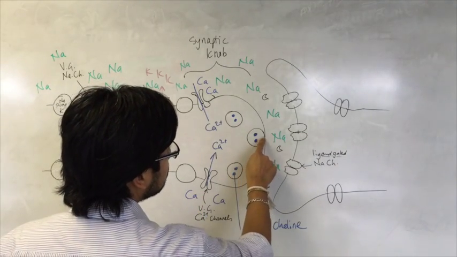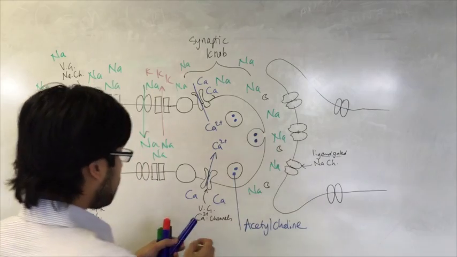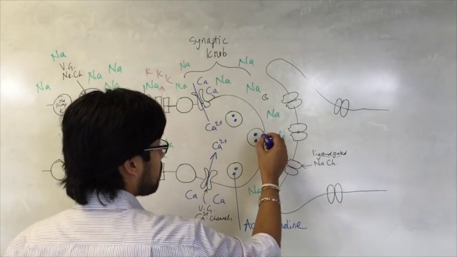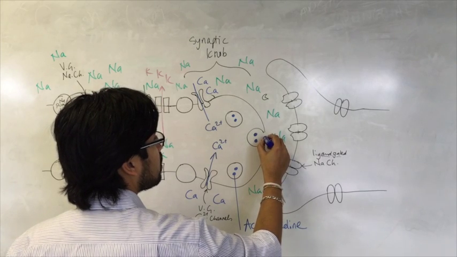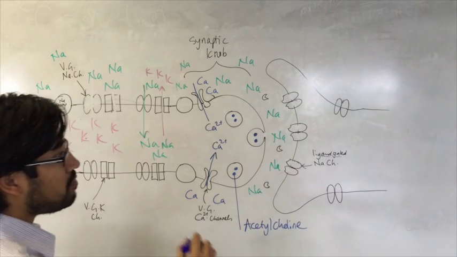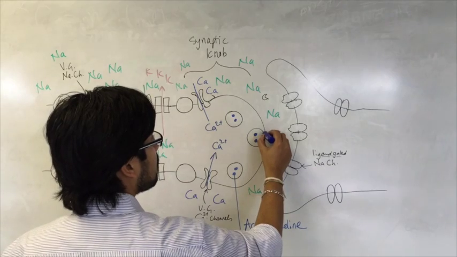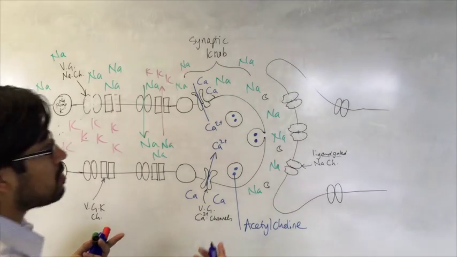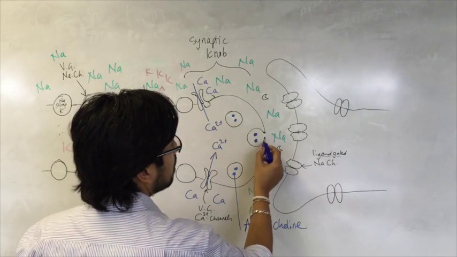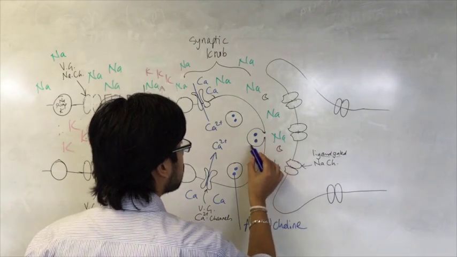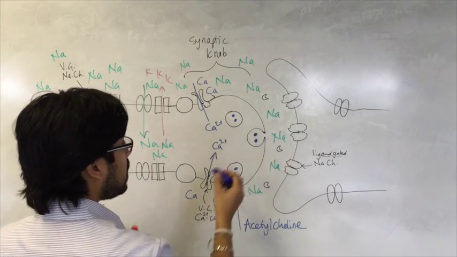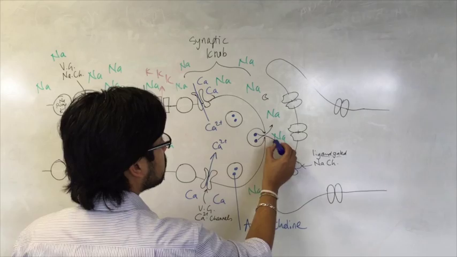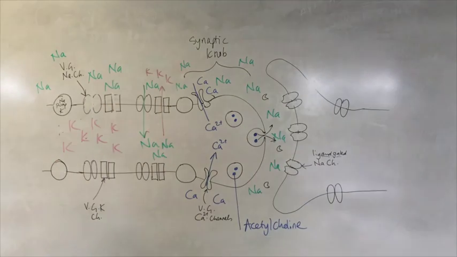So the membrane of the vesicle joins with the presynaptic membrane. So the vesicle membrane fuses with the presynaptic membrane, and when that happens, when those membranes fuse together, right, they become essentially one membrane that continues all the way around like this, meaning that the acetylcholine is released into the synaptic cleft.